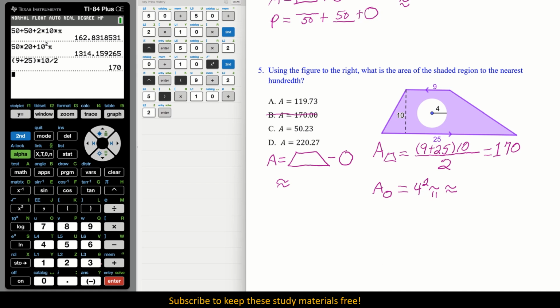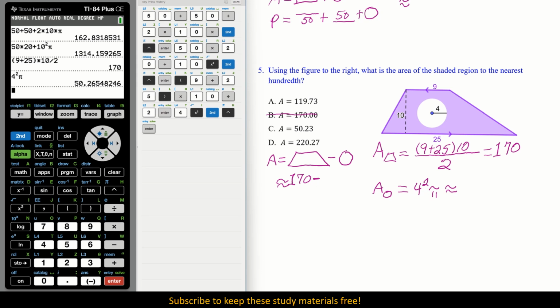So what we need is 170 minus whatever the estimate of the circle will be. Let's do that. So 4 squared, second caret up, push enter. Oh, and that gets rid of C. They're trying to trick you again.